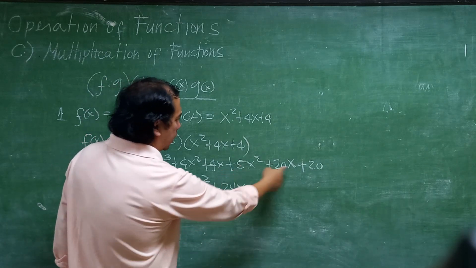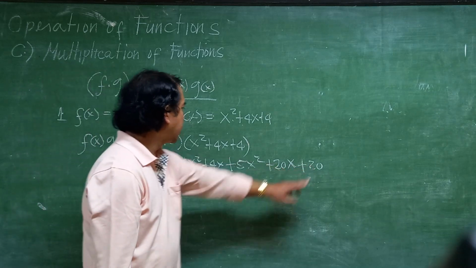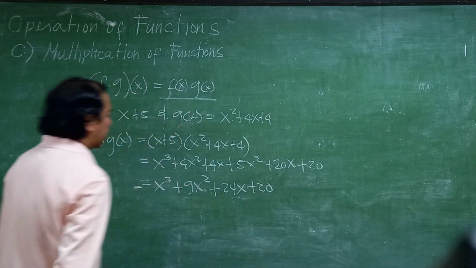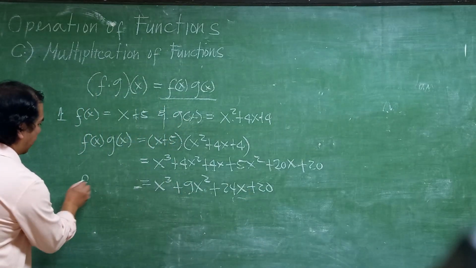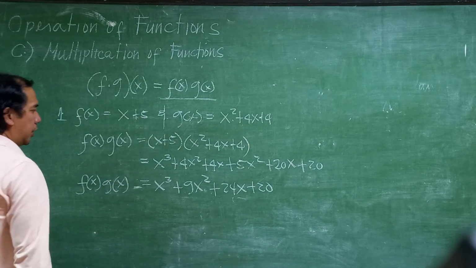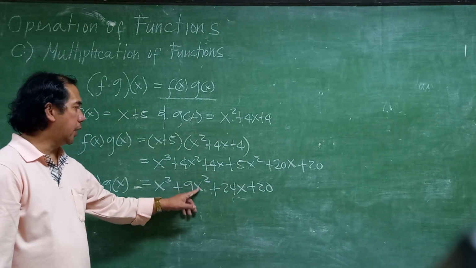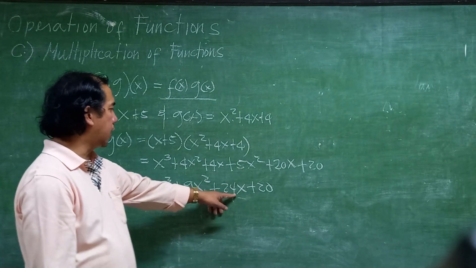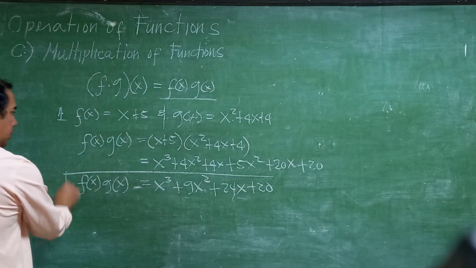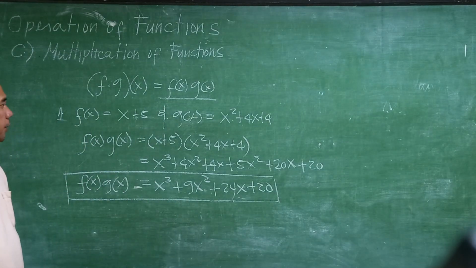How about the numerical, this one? That is the same as plus 20. And so the product of f function and g function is equal to x raised to 3 plus 9x raised to 2 plus 24x plus 20. And so this would be the result.